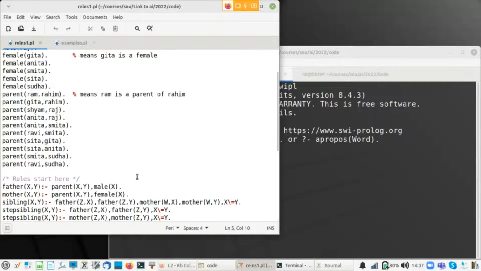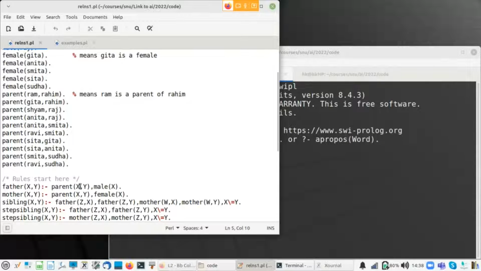So the rules are going to define various things like father. What is this saying? This is saying that X is the father of Y. That is what the predicate father means, if the following is true: X is a parent of Y and X is male. We know that a father is the male parent, and that's exactly what we are asserting here.